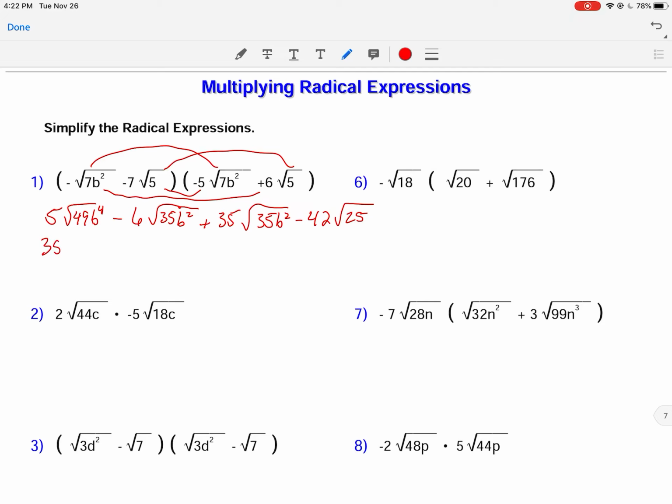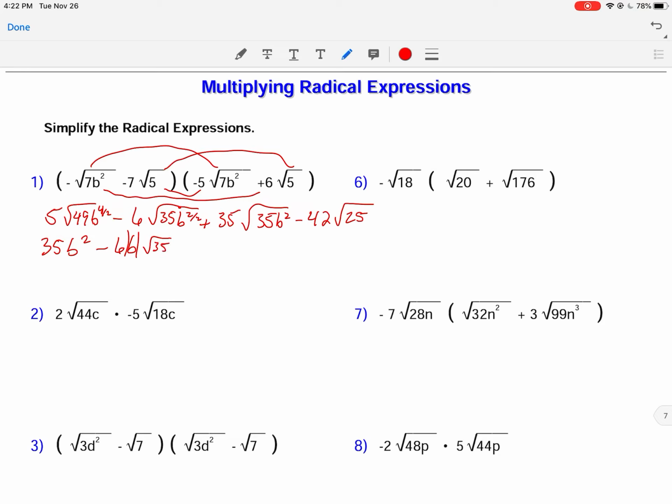Square root of 49 is 7. 7 times 5 is 35. The square, let's see, we divide that by 2, it goes in, that's a b squared. Square root of 35 isn't, but b squared is, so that's minus 6b. Now, even root, even thing, that should be absolute values.